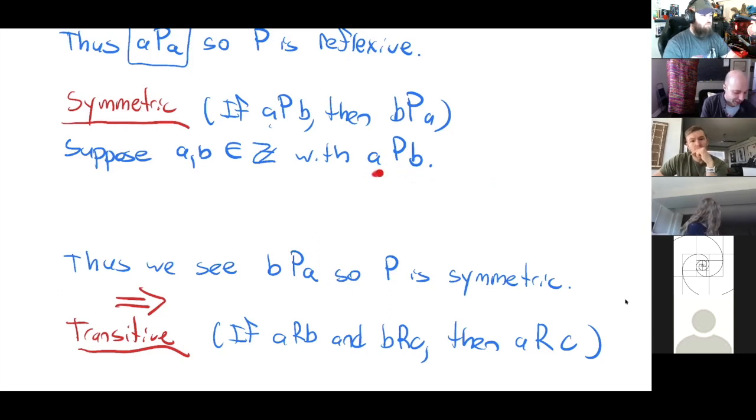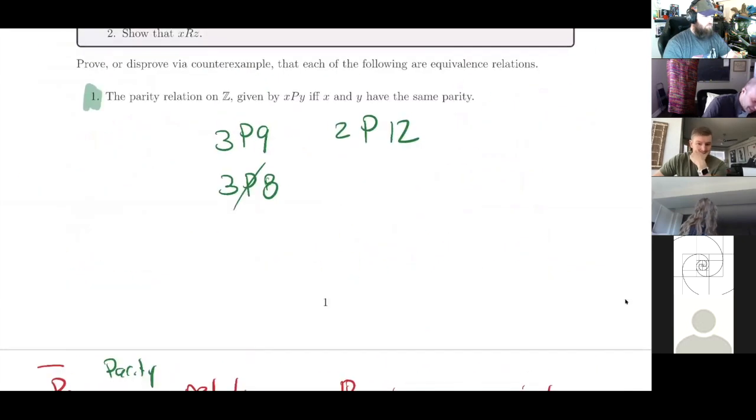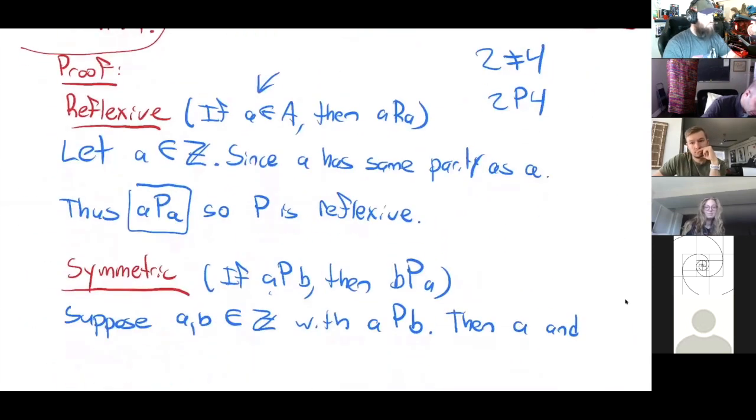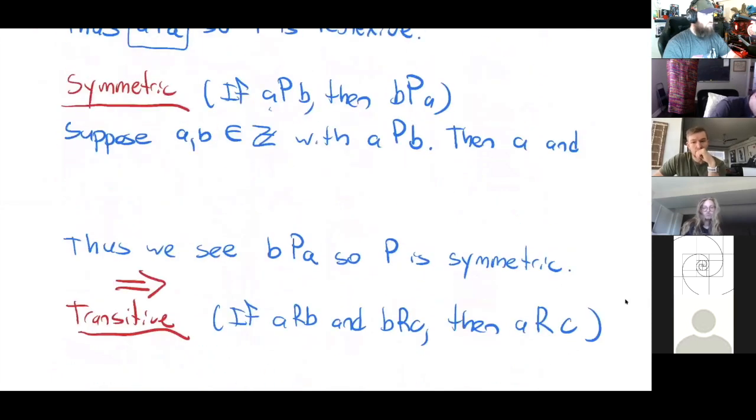So if I suppose this, then by definition, A being related to B tells me that A and B have the same parity. Just taking it word for word from what was given over here. So this means X and Y have the same parity. So over here, I've got A and B.